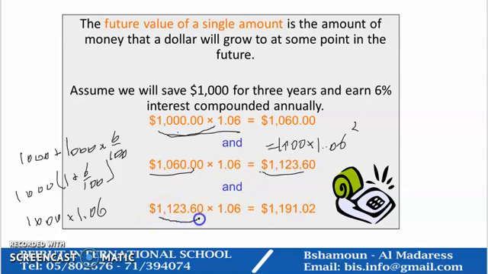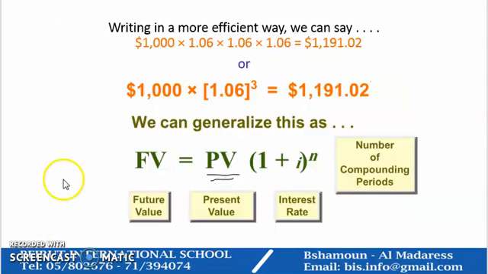Also, when we multiply for the third year this quantity by 1.06, it will be 1,000 times 1.06 exponent 3, as shown in this slide. Writing it in a more efficient way, 1,000 times 1.06 times 1.06 times 1.06 is equal to $1,191.02.